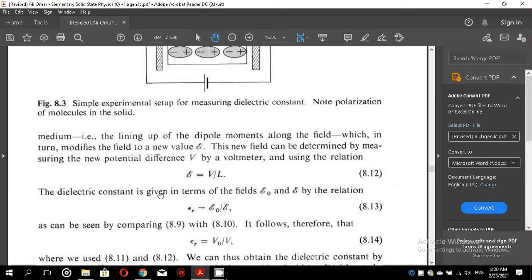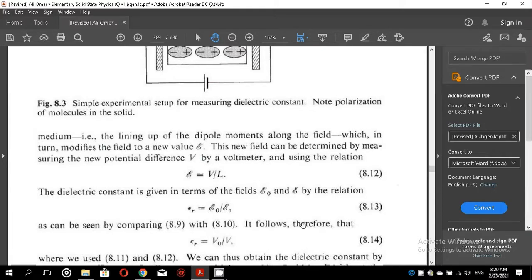The dielectric constant is given in terms of the fields E naught and E by this relation. So this is one expression to calculate the dielectric constant or relative permittivity, as can be seen by comparing equation 8.9 with equation 8.10.